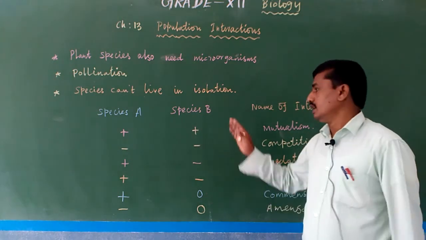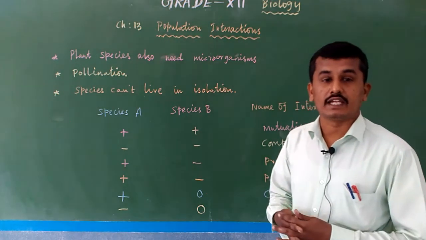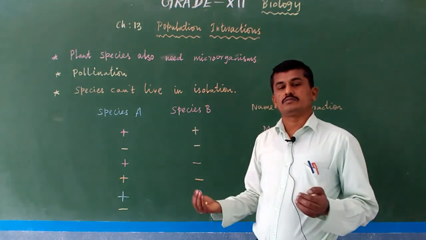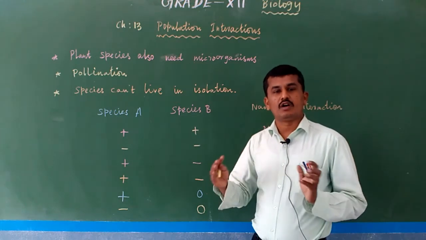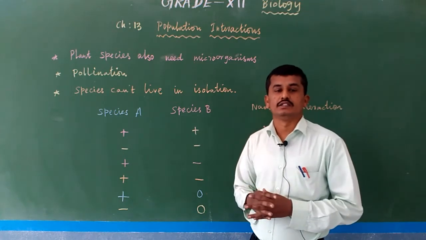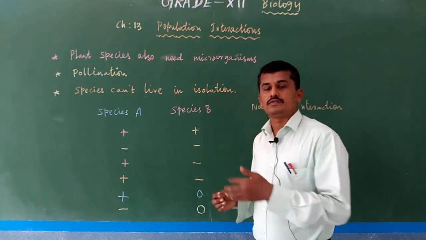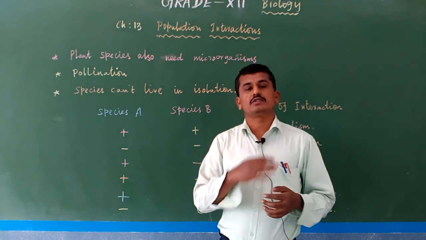For example, in this mutualism category, we learned lichen. Lichen is an organism which is a mutual relationship between algae and fungi. Algae prepare food and give it to fungi. Fungi absorb nutrients and minerals from the soil and give them to the algae.